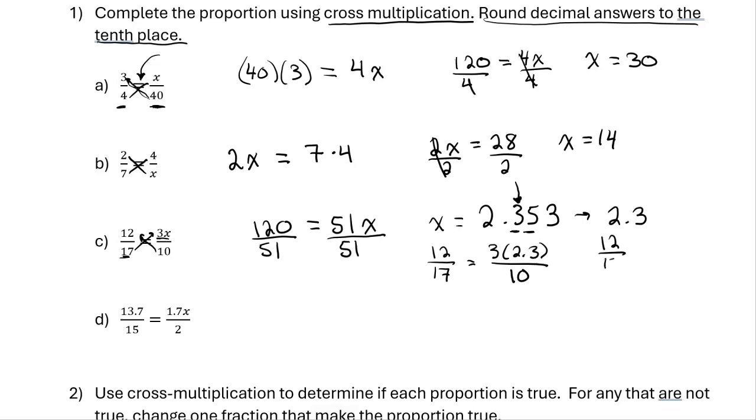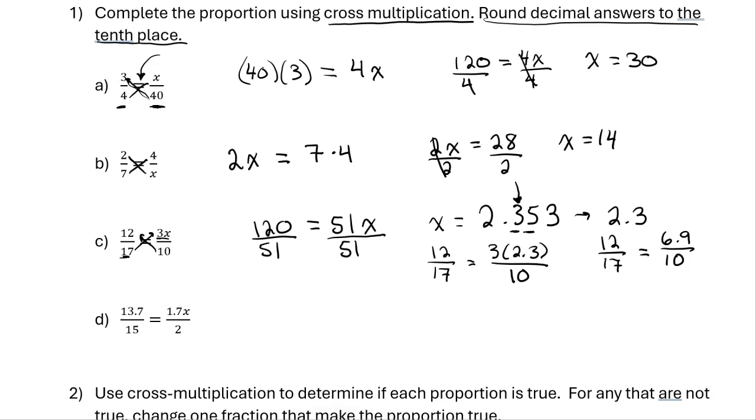So I have 12 over 17 equals, okay, I've got my 3 times 2 3/10, so 6 9/10 over 10. Now, this is like when we've been placing things on number lines. We need to always have them in the same format. It's easiest if you have two fractions to go ahead and just divide those out and find the decimal values.